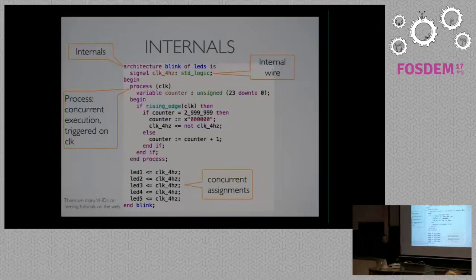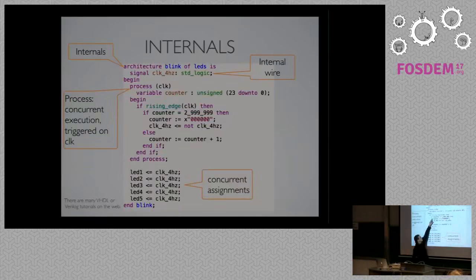And how I convert from 3 MHz to 4 Hz, I just use a counter that is incremented each time the clock has a rising edge from 0 to 1.